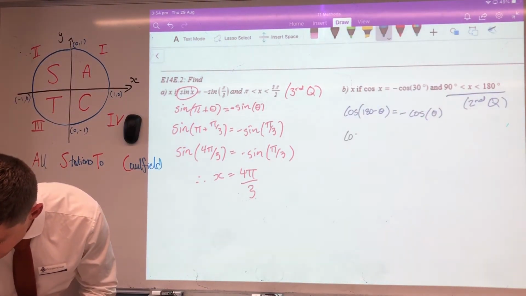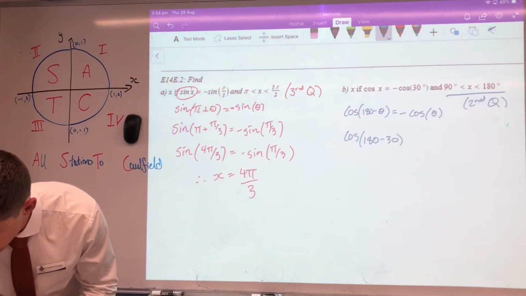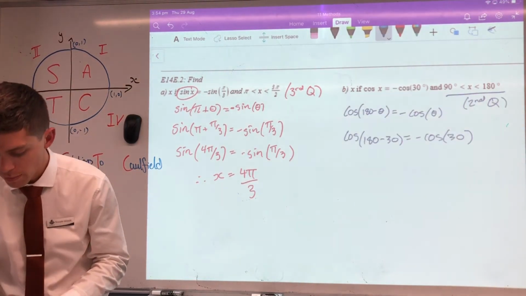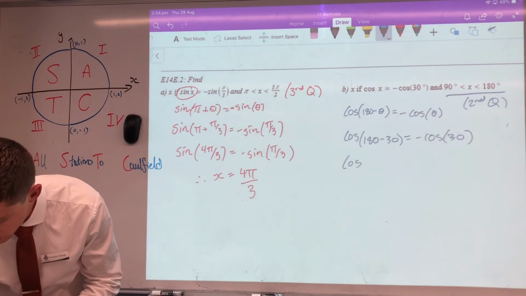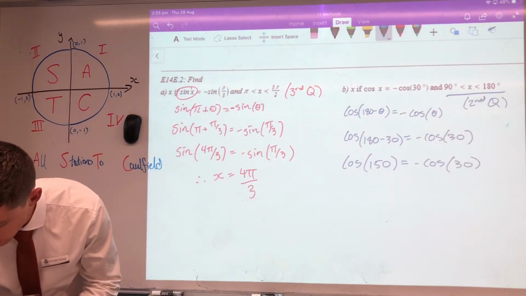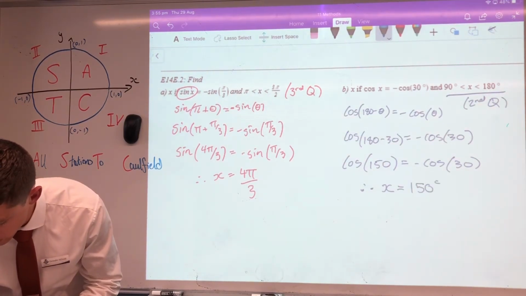So cos of 180 minus 30 is equal to negative cos of 30 degrees, which means that cos of 150 equals negative cos of 30. Therefore, the angle x must be 150 degrees.